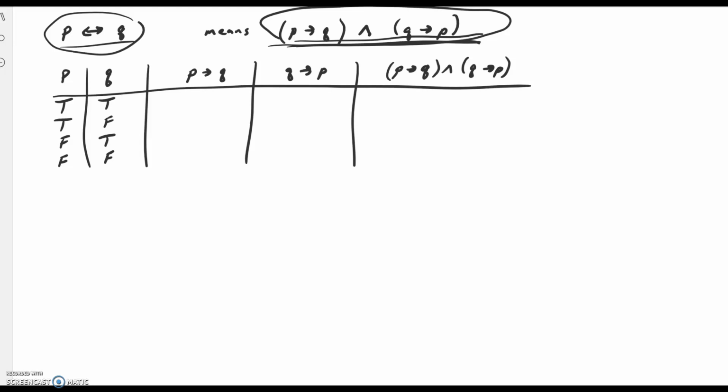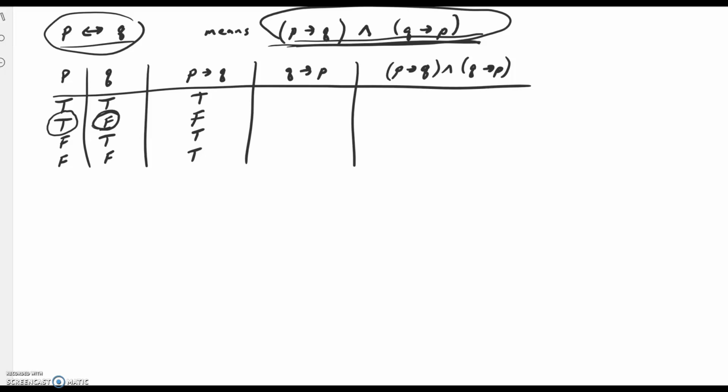And so P implies Q, we just did. That's going to be true every time unless there's a broken promise. And the only way there can be a broken promise is if the original condition the promise is based on is true, and the promised follow-through or consequence is false.